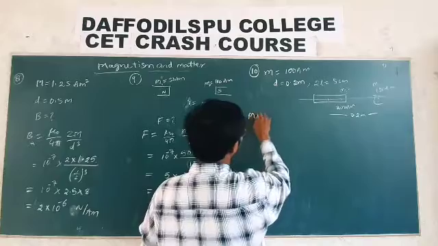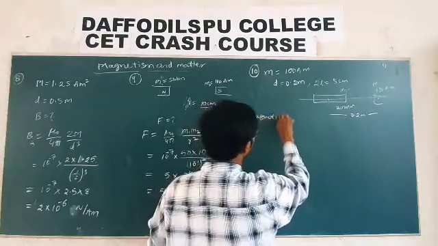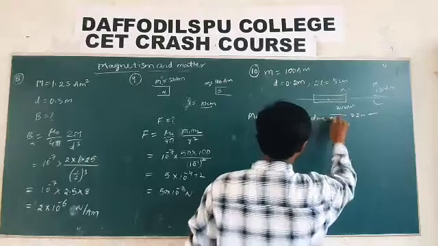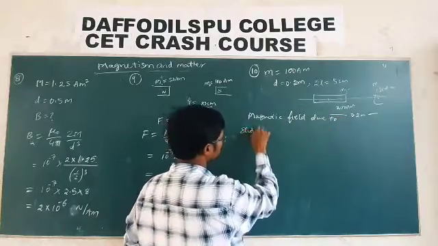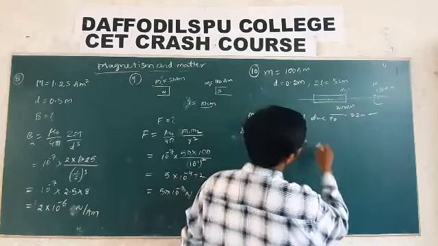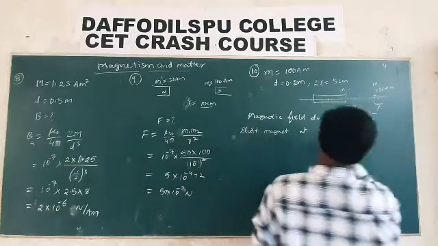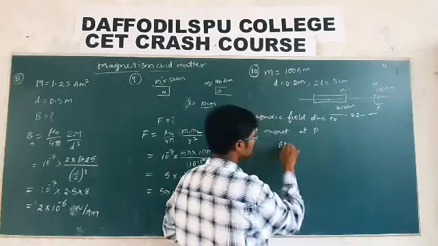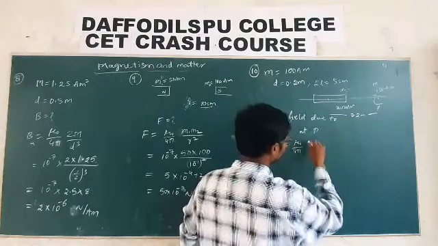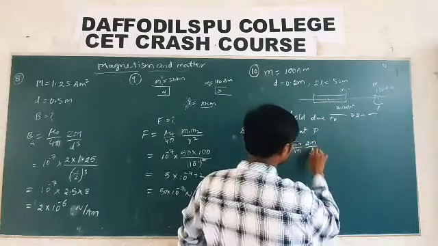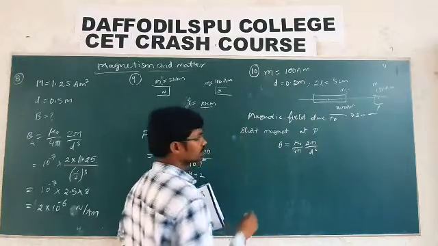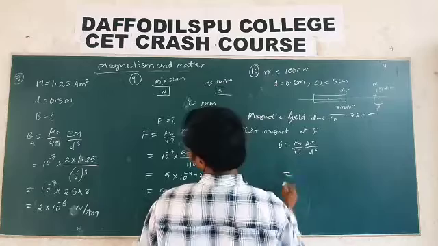That is equal to 2 into 5, 10, 100, 10 power minus 2, and the remaining 10 power minus 7, by 0.2 whole cube, means 2 into 10 power minus 1 whole cube, 8 into 10 power minus 3. Then 5 by 4 into 10 power minus 4, that is the B value.